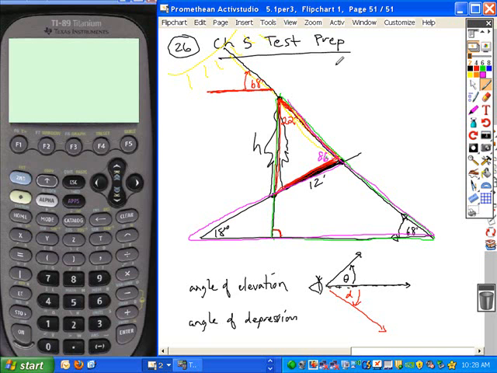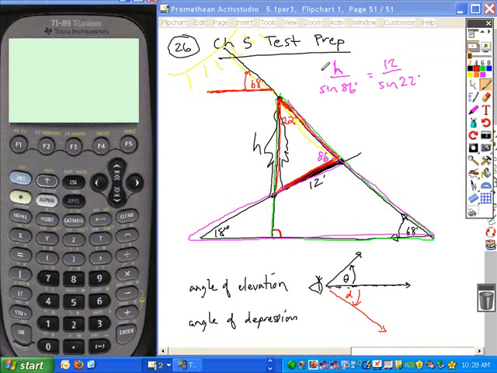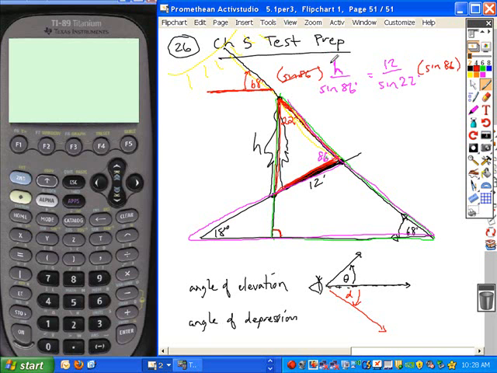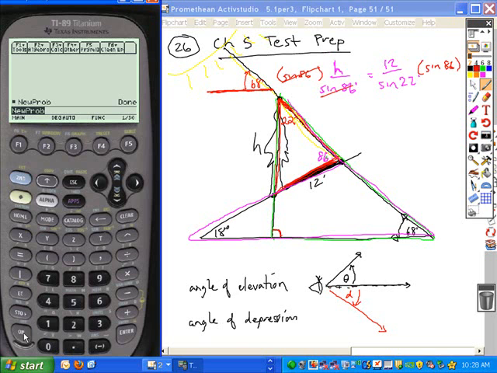Law of sines. So if we took H over the sine of the angle opposite it, set that equal to our known side, 12, over the sine of the angle opposite that, you can now calculate your solution by multiplying both sides by the sine of 86.